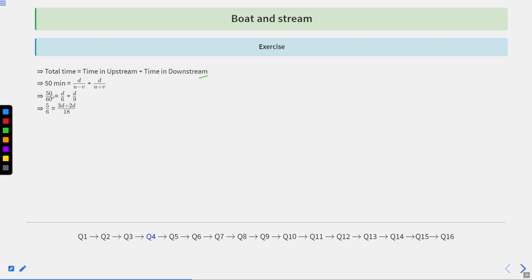So on simplifying, we will have 50 upon 60 equal to d upon 6 plus d upon 9. So it will be 5 upon 6 equal to (3d plus 2d) upon 18. So on simplifying, we will have d equal to 3. So that means the total distance is 3 kilometers. So the correct option here will be option number B.